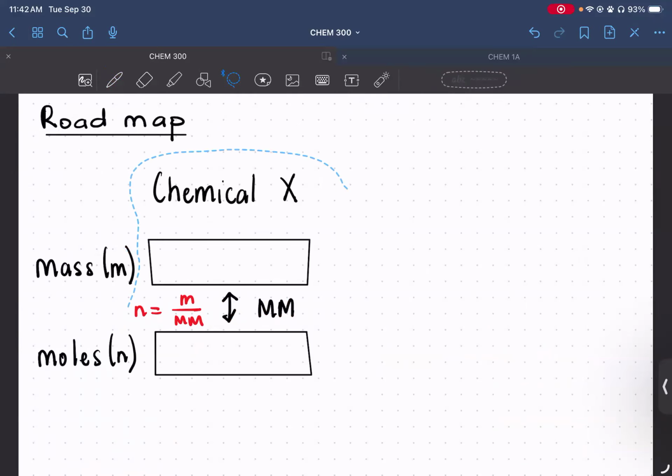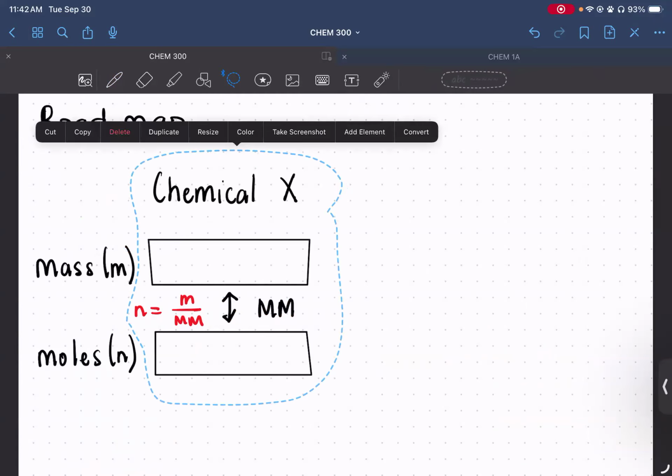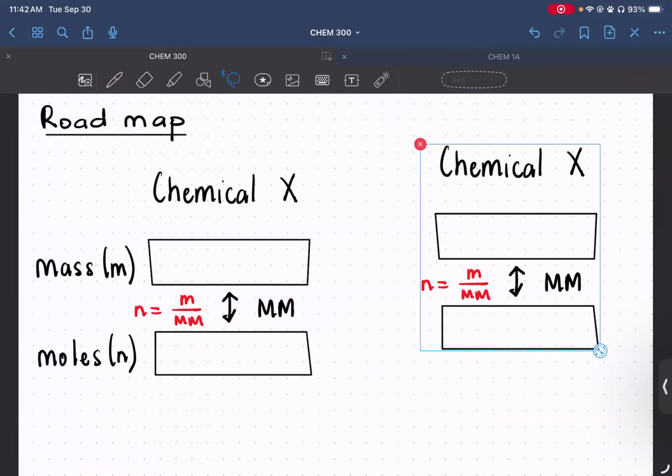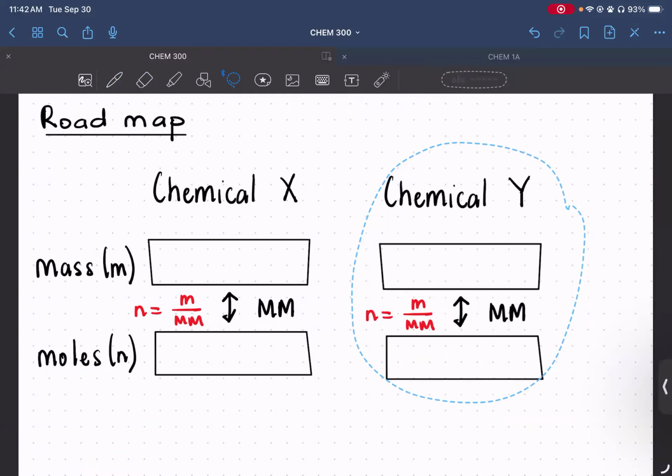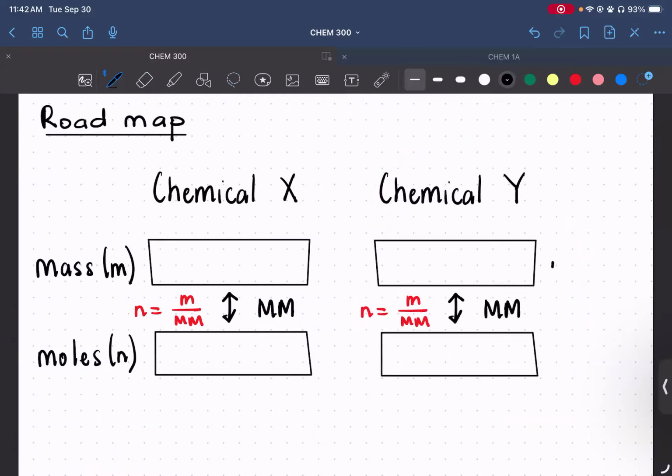We can do the same thing, make a similar visual map for chemical Y, aka just another generic chemical, where again, we can relate the mass of chemical Y to the moles of chemical Y in this way.